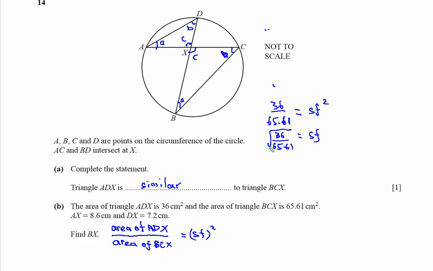Okay, I will get 20 over 27. There's the scale factor. Now let's look at the given length. AX is 8.6.